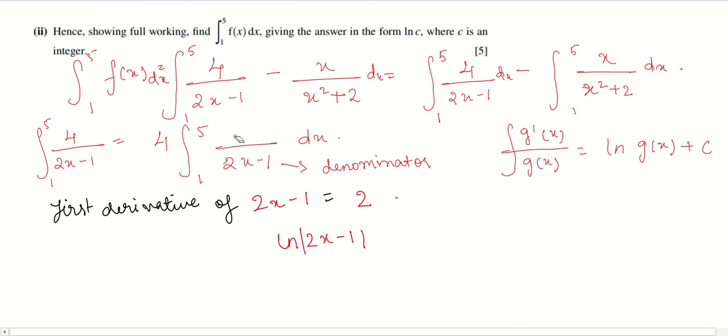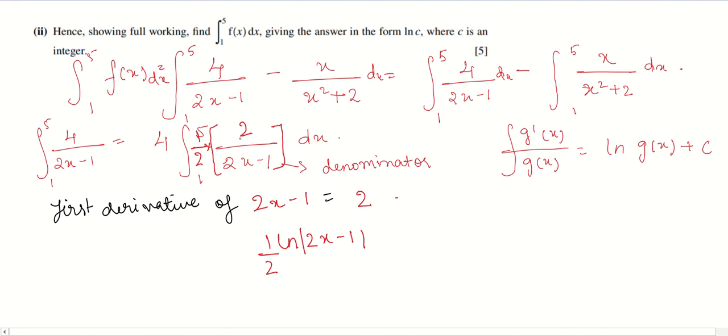So if the numerator needs to have 2, but we had 1 basically, we multiply the numerator by 2, so we have to divide the whole fraction by 2 as well, which means multiplying it by 1 by 2. So it will be 1 by 2 ln of 2x minus 1. Why did we do that?